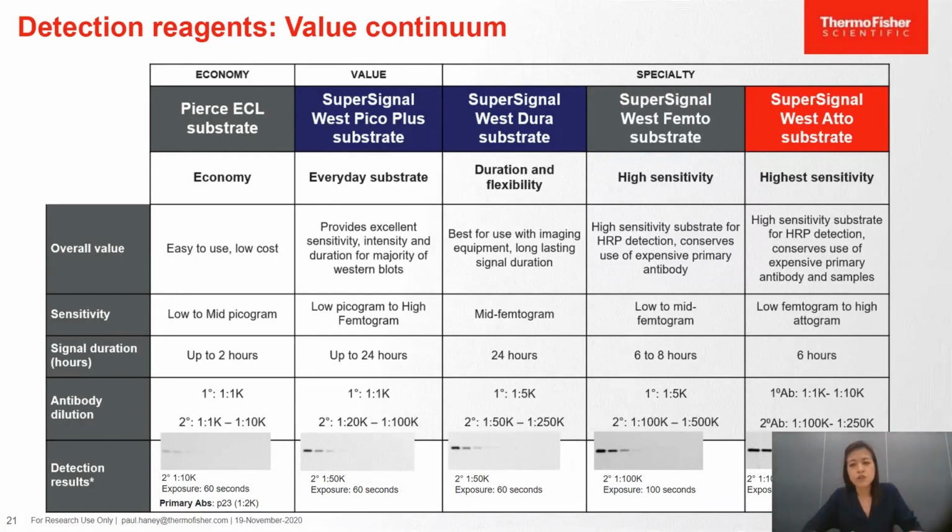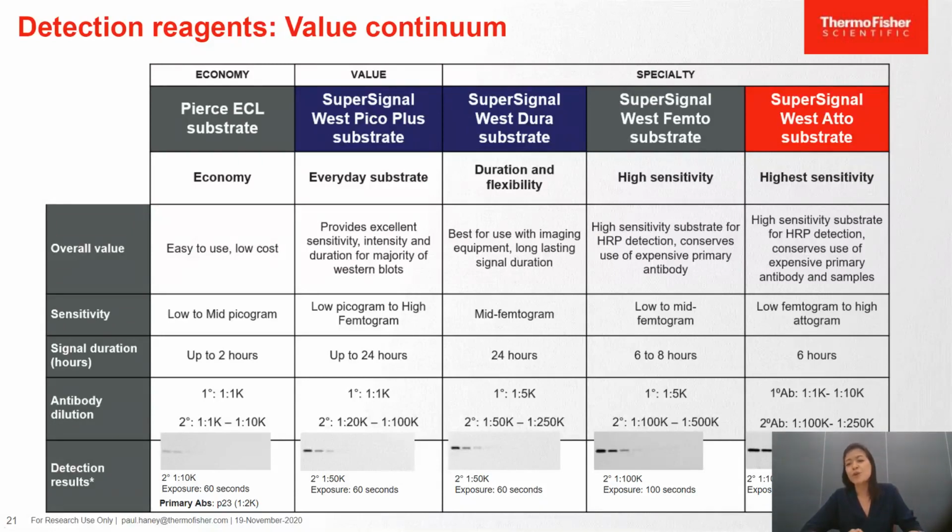At Thermo Fisher Scientific, we offer a range of substrates from the lowest sensitivity on the left to the highest sensitivity on the right. You can see that our Pierce ECL is the most economical for high abundance proteins. Our SuperSignal West Pico Plus substrate is an excellent everyday substrate.